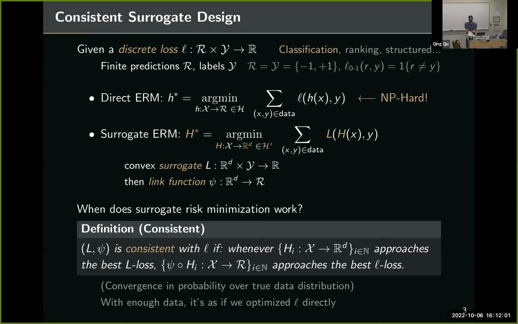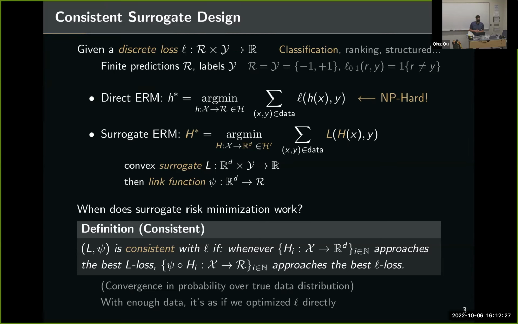What should we think the script H and script H prime, the sets of hypotheses, what kind of sets are we thinking? Think of those as linear classifiers, or I'll abstract it away for the whole talk as much as I can get away with. It's the space of models you're working in.